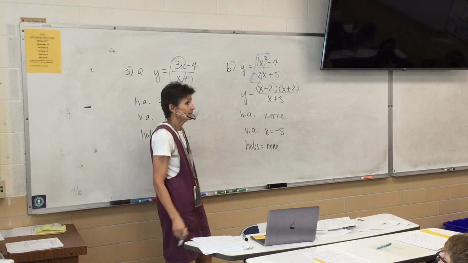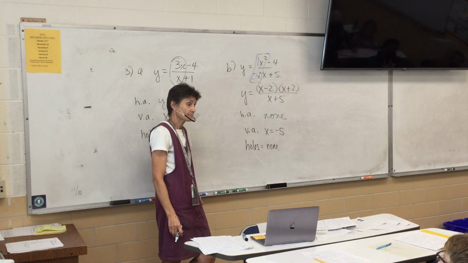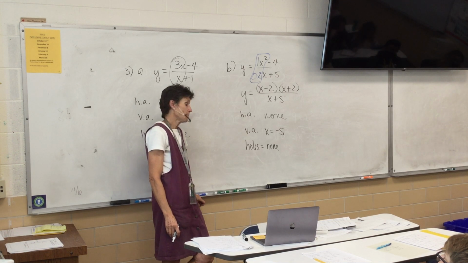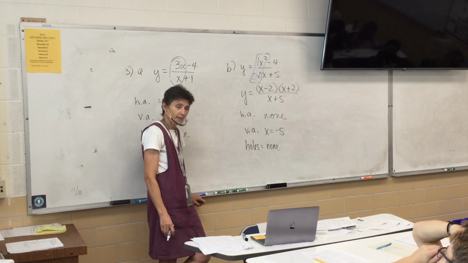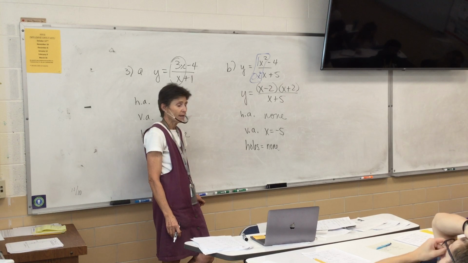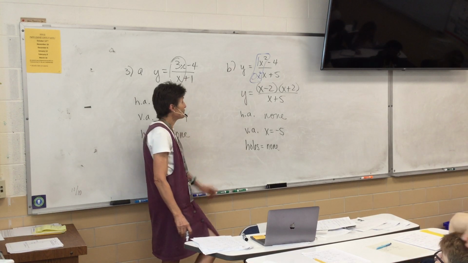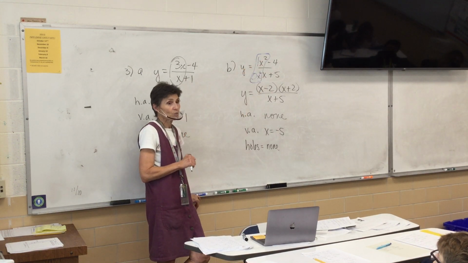I'll say it again. When the power on top is the biggest, you'll never have a horizontal asymptote. When the power on the bottom is the biggest, your horizontal asymptote will be 0. Every time. Never changes. That's how it is. So if you can't remember that or make sense of that, then that's one more thing you can just memorize.